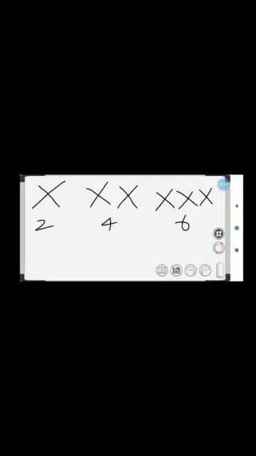Now I have totally 12 matchsticks. How many x letters can I form by using those 12 matchsticks?